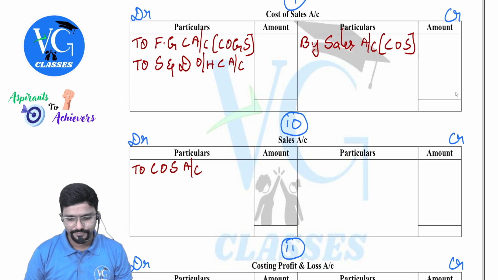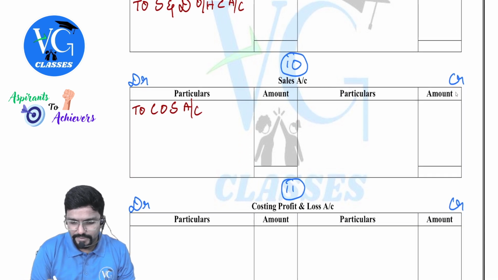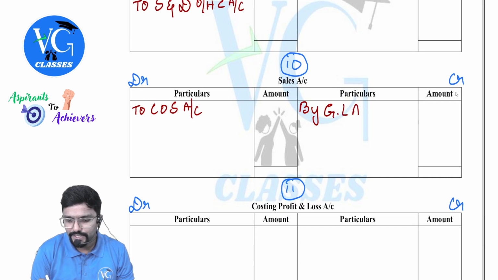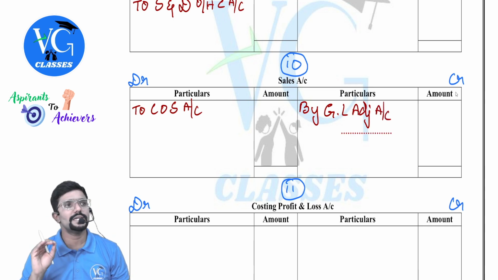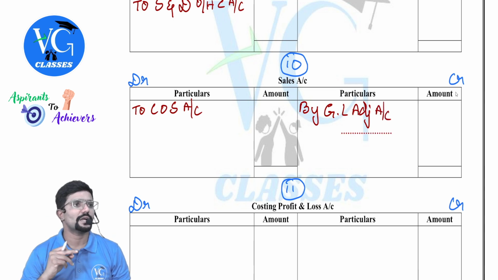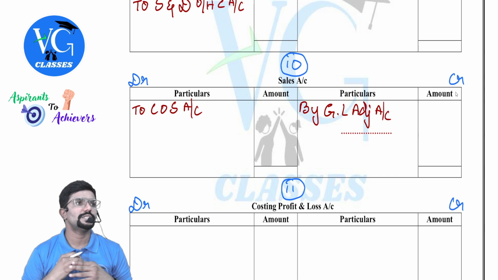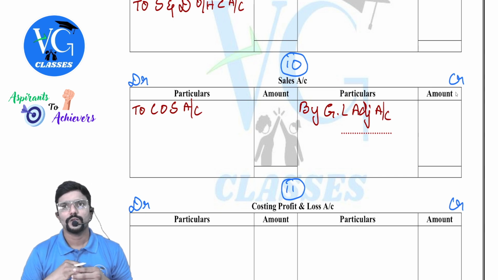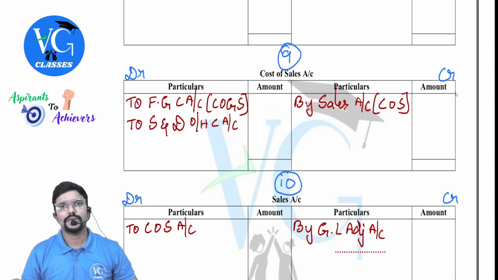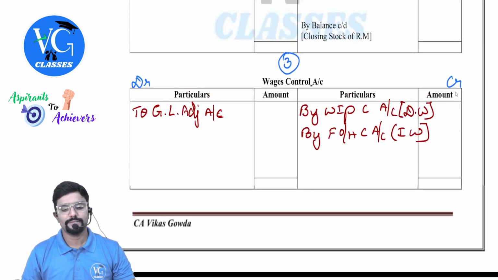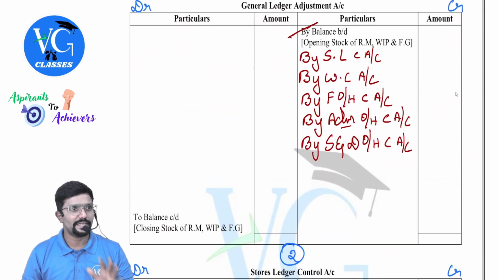Let us post it. We are recording it in sales on the credit side, general ledger adjustment account. Now go and post it in general ledger adjustment account, on the debit side.